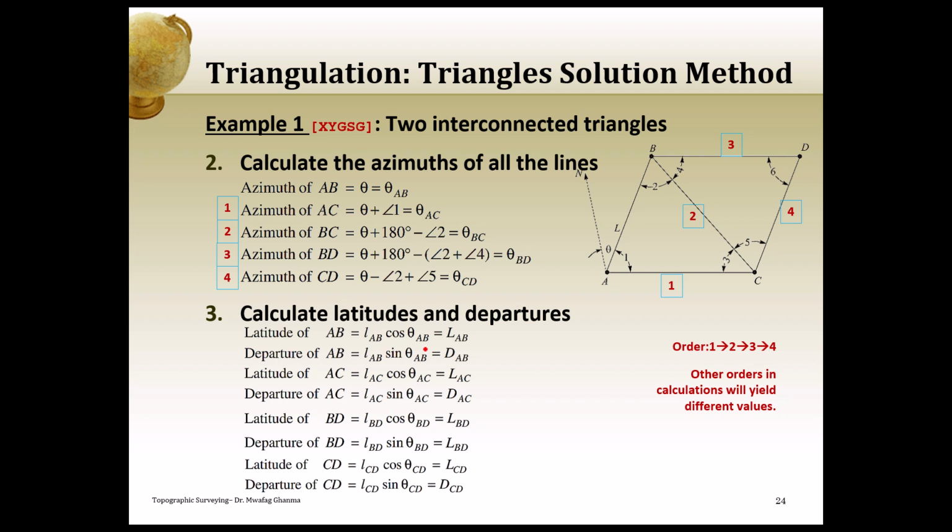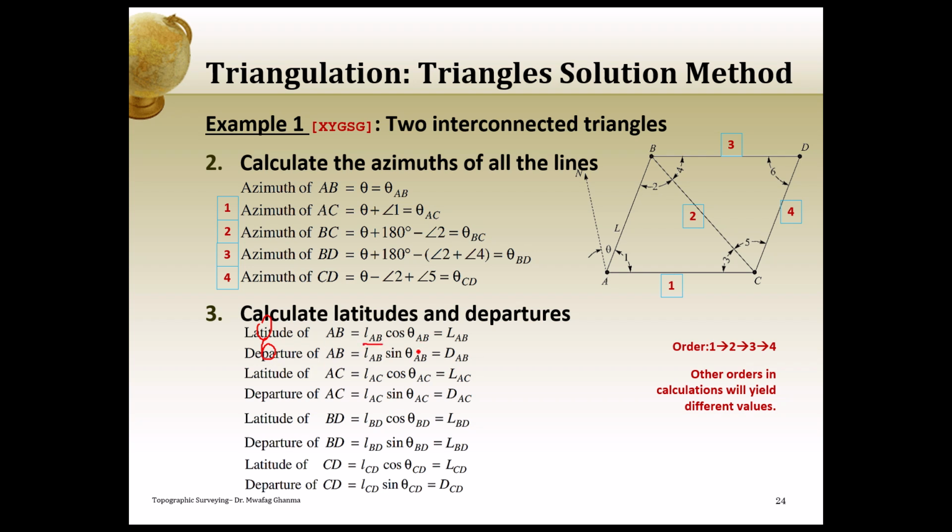After that, we will calculate the azimuths. We can actually calculate the azimuths before the lengths. They are not related. So either we calculate all the azimuths or all the lengths, because we will later use the calculated length and the calculated azimuth in finding the latitudes and departures.